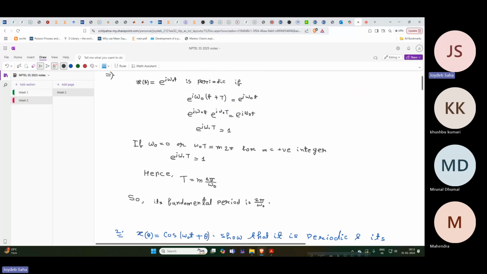If it is solved, then please match your answer with my answer, and if you cannot, I will solve it for you. Please look into the answer of the previous question and try to solve it in your copy. At least all of you try to solve.